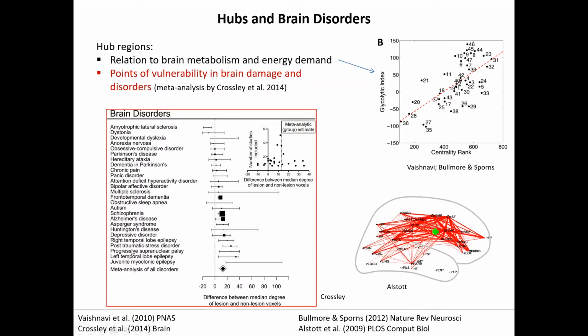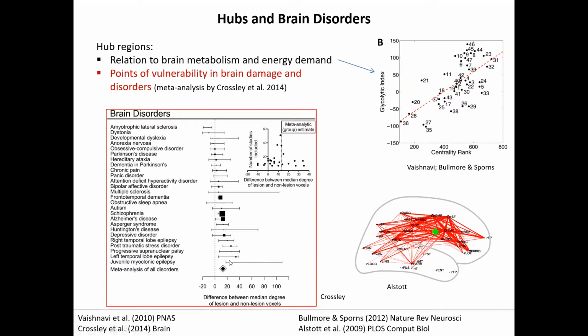In fact, over 20,000 individuals' data has been entered into the analysis. And there is a distinct skew towards the high degree side, the hub side of the connectivity in this analysis, which is an analysis that asks the question, where in the brain do these conditions start?